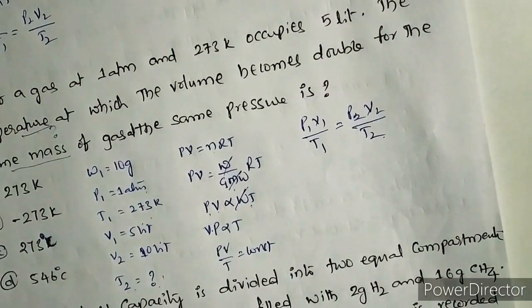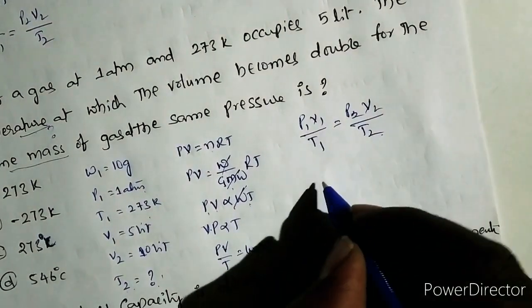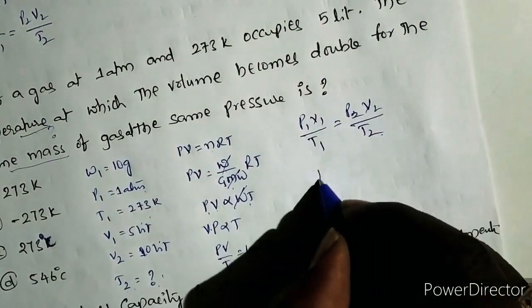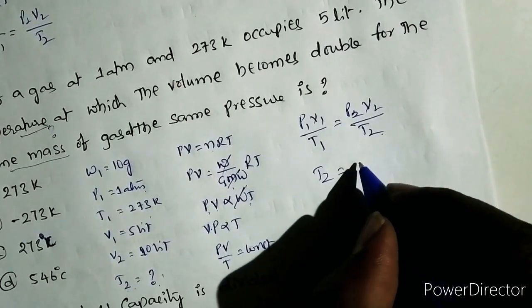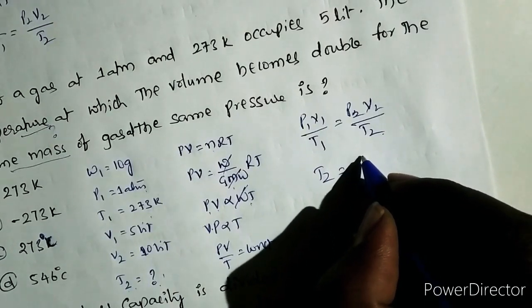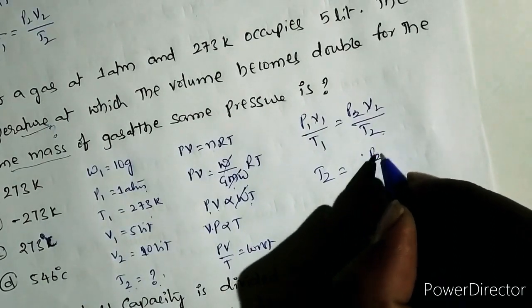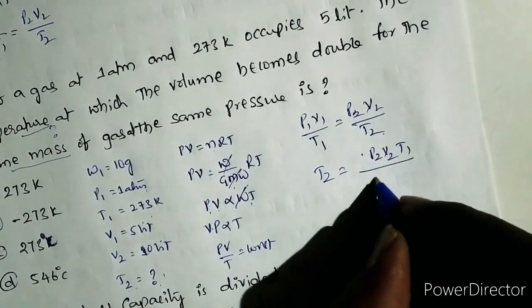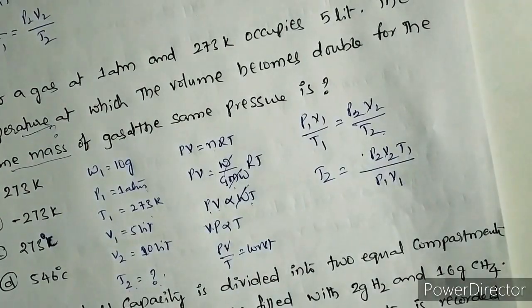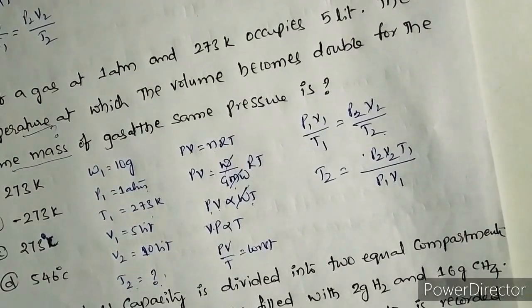You are looking for T2, right? Now T2 is equal to P2 V2 T1 by P1 V1. Is it clear?